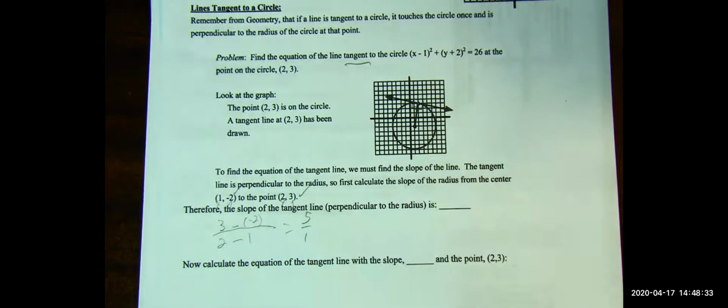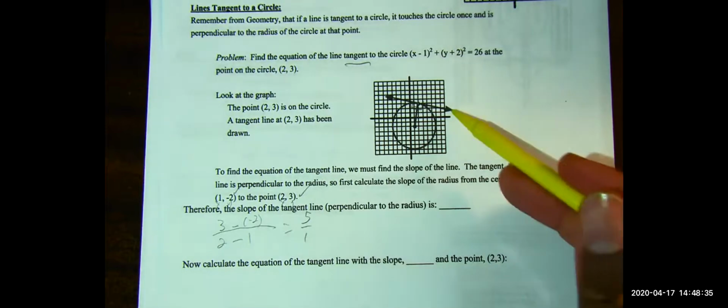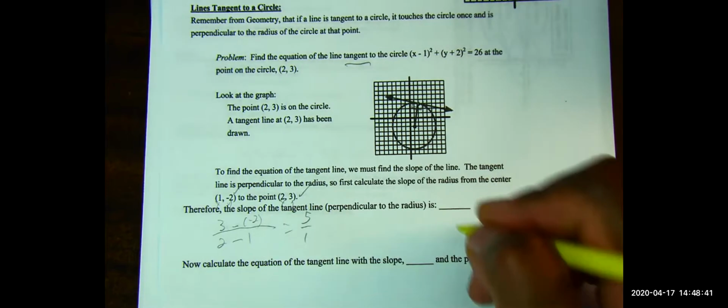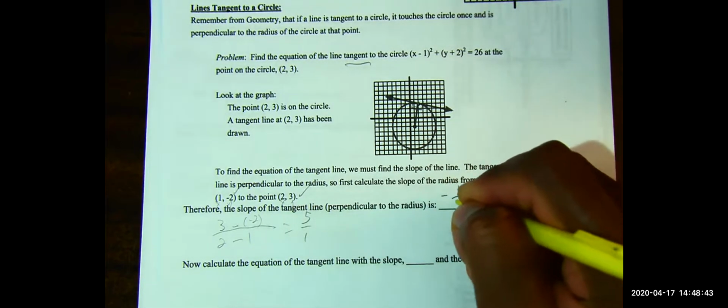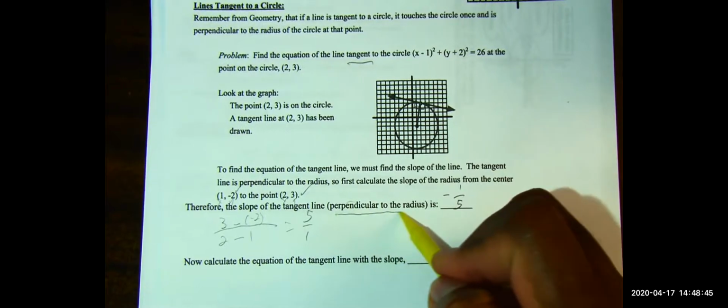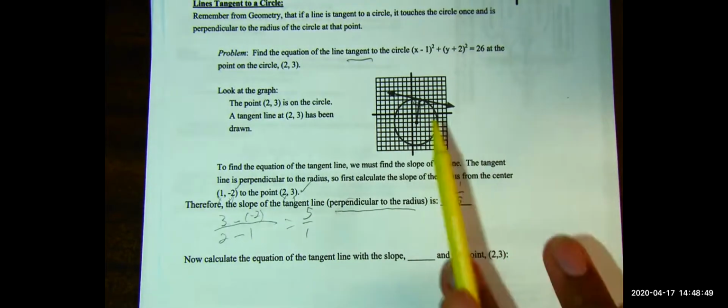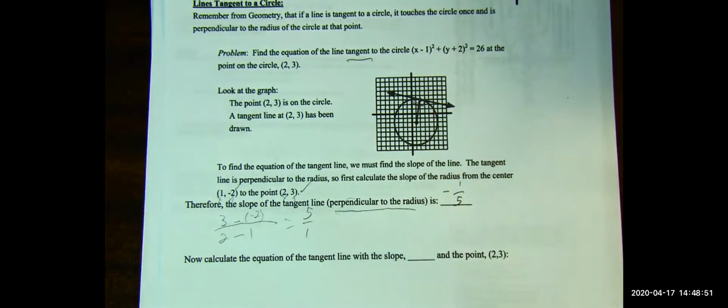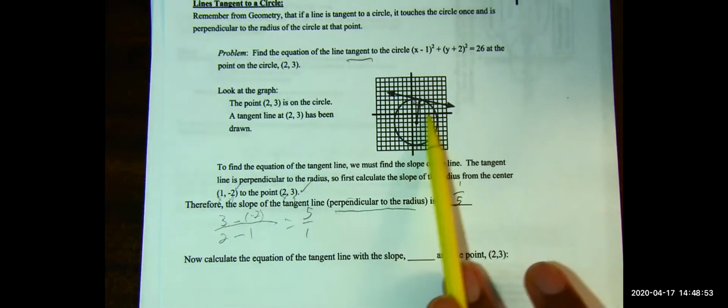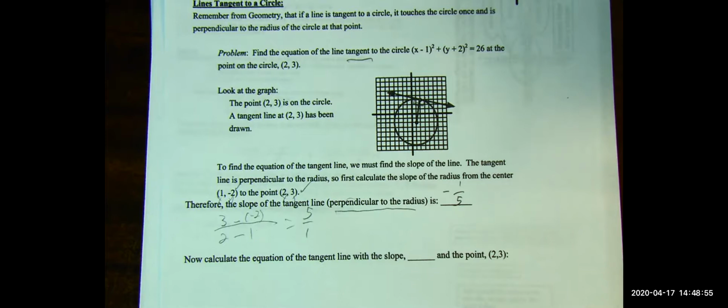So if the slope of the radius is 5 over 1, and we know the tangent line is perpendicular, we change the sign and take the reciprocal. So now we know that the slope is -1 over 5 for the tangent line, which is perpendicular to the radius. And the good thing about radii is they're radii all over, wherever they meet up. If it starts at the origin, ends at the end of the circle, it's the radius.